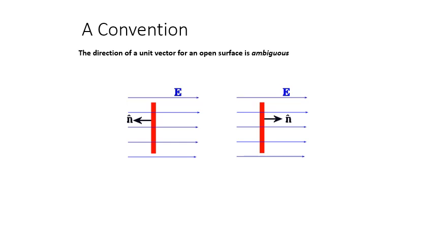Similarly, on the right hand side the unit vector is given by n cap again. It is always pointed in the outward direction. For a closed surface, the unit vector is taken as pointing outward.